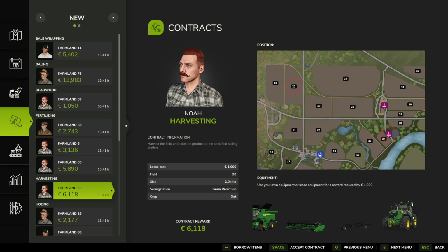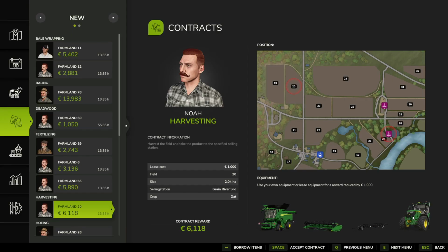But the contract where you borrowed it should stay open in the time that you fulfill the other ones. So in the beginning, I would say better don't make those tricks. They are very interesting, but you need some experience to figure out when you can use the rented machines for several contracts. But here, $1,000 is really, really cheap.